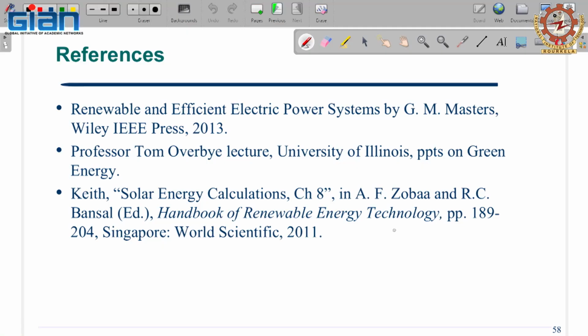Then, of course, we edited one book, Handbook of Renewable Energy Technology. In that also one chapter was contributed by Professor Keith on solar energy calculation. So this chapter gives you a little bit of additional information. These are the references.